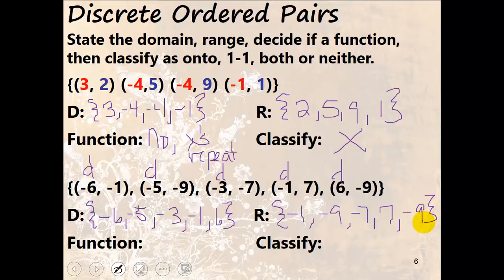Okay, so we have a repeating of our y's. That's something that we need to pay attention to. Is this a function? Yes, the x's are different. Okay, classify it. Every ordered pair has a y, so an x and a y. So that means it is onto. But these y's repeat, so it is not 1 to 1, so it is just onto.